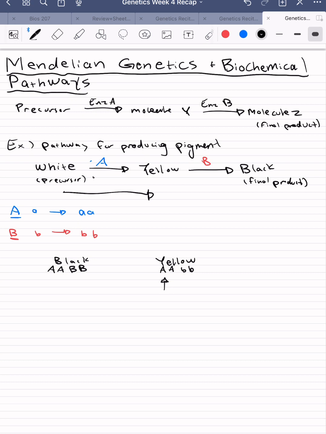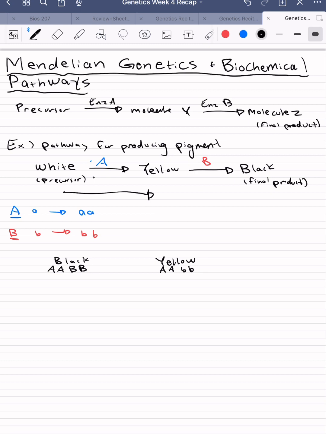For this organism, it was able to go from white to yellow, which means that enzyme A is working, but it was unable to go from yellow to black, meaning that there's a defect in enzyme B, or the gene that codes for enzyme B. So for that reason, it's going to be homozygous recessive, signifying that there's a defect in that gene, meaning that it has both of the defective alleles.